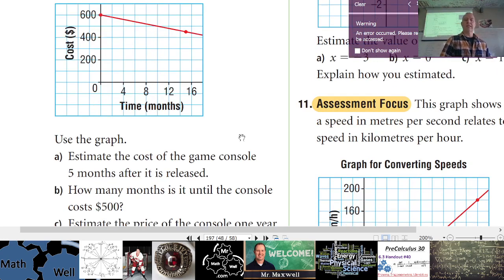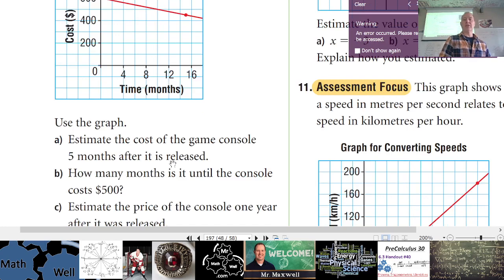And B says, how many months is it until the console costs $500? Well, $500 would be on the y-axis, and we would go over and try our very best to see where it intercepts the graph, and that looks like 10 months, right in between 8 and 12. So 10 months after release would be your answer there.